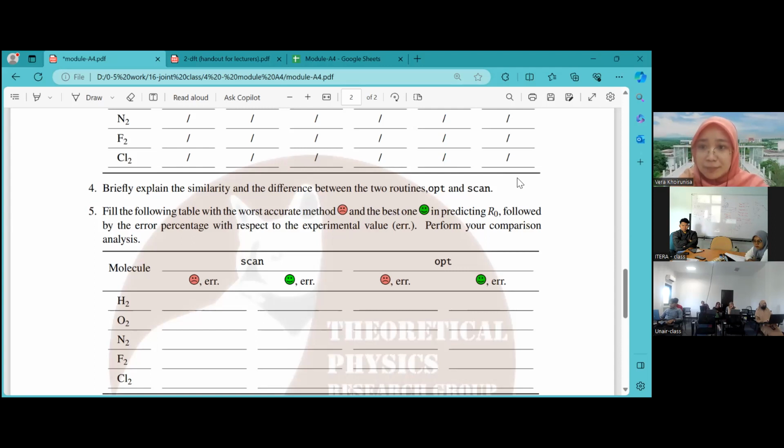Which one, guys? The worst, the highest or the lowest percentage? So the closest to experimental value or the farthest?